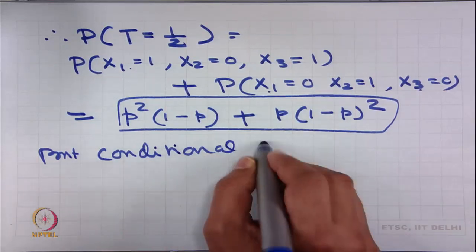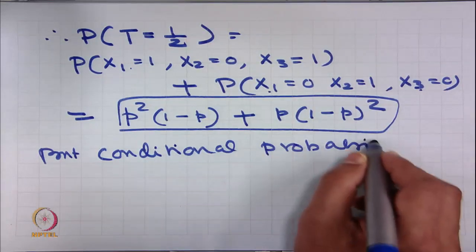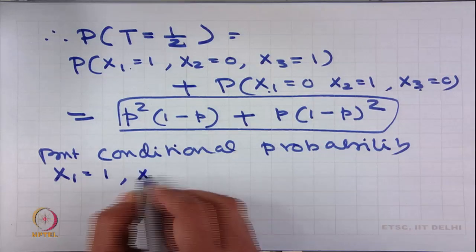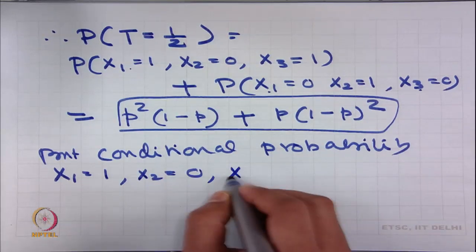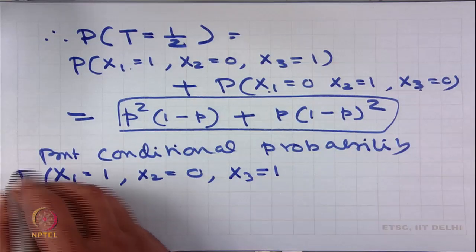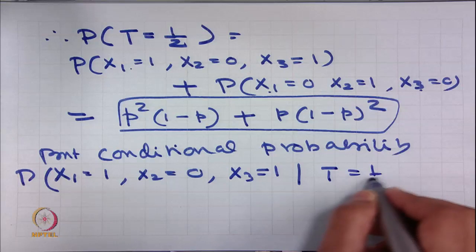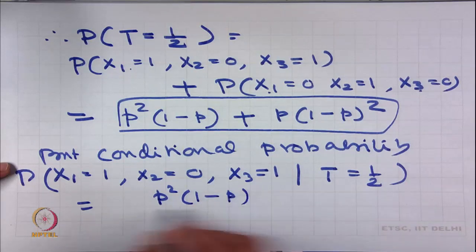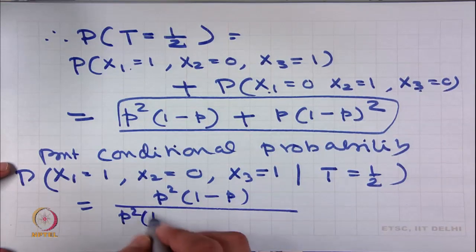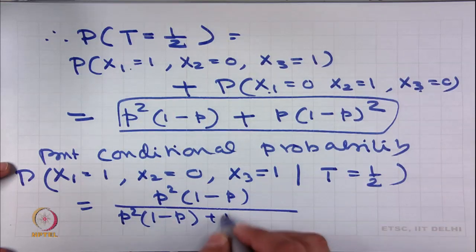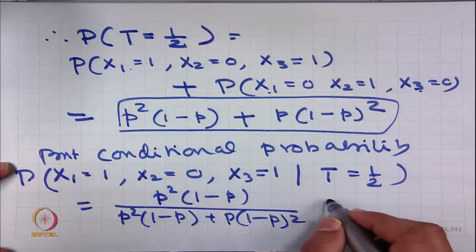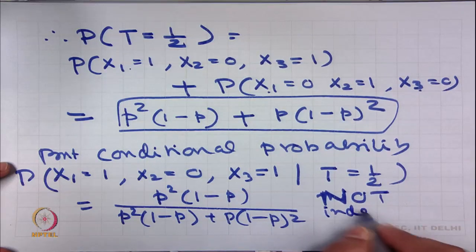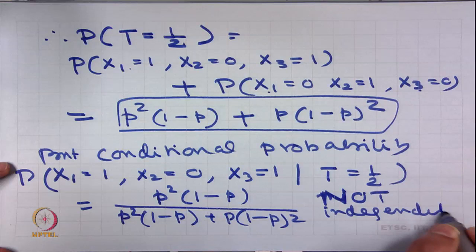But the conditional probability that X1 is equal to 1, X2 is equal to 0, X3 is equal to 1, given T is equal to half, is equal to p square into 1 minus p upon p square into 1 minus p plus p into 1 minus p whole square, and this is not independent of p.